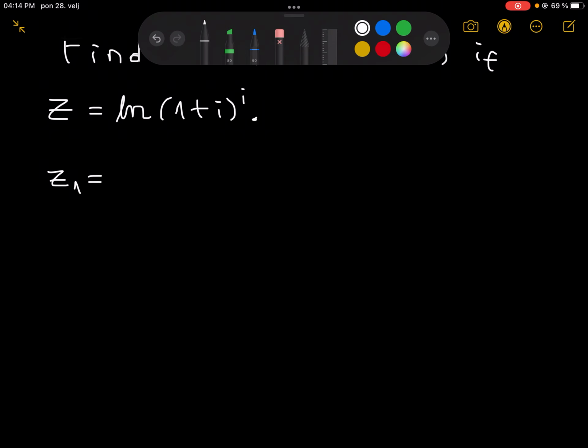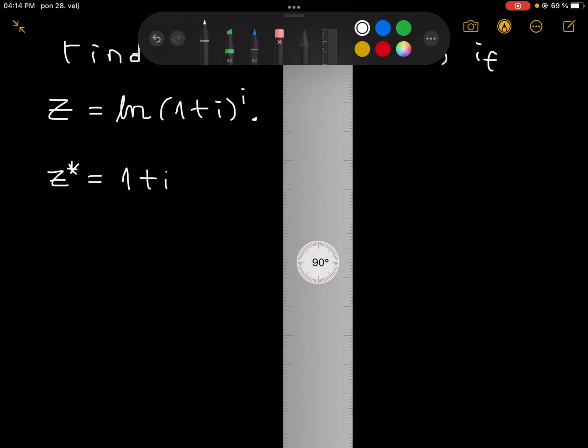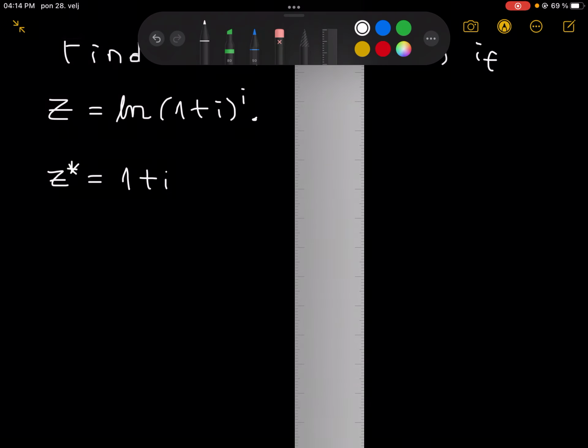Let's call it z asterisk instead of z1, so z asterisk is 1 plus i. Let's go ahead and look at it in the complex plane.